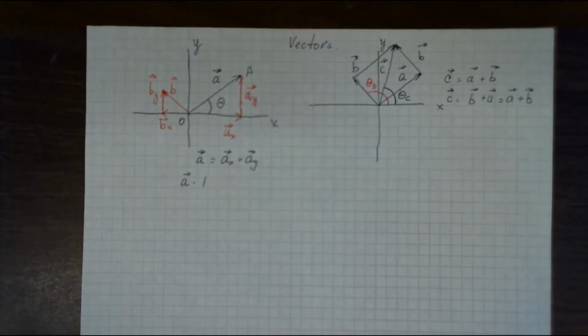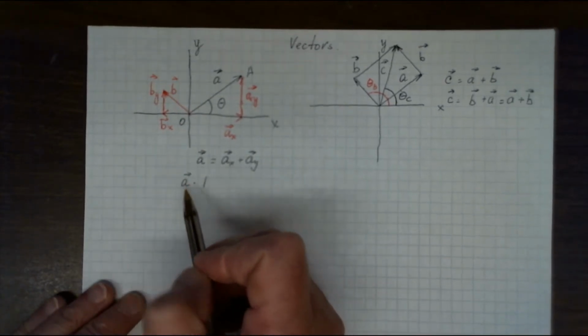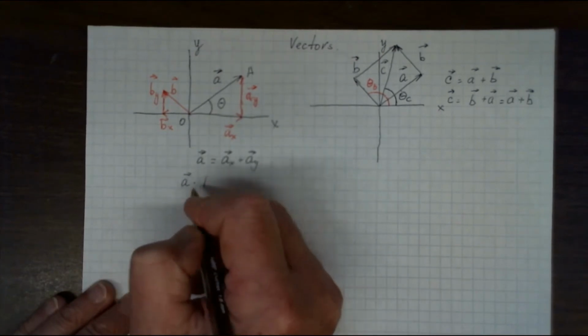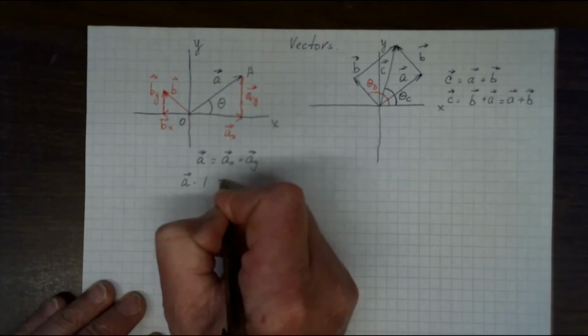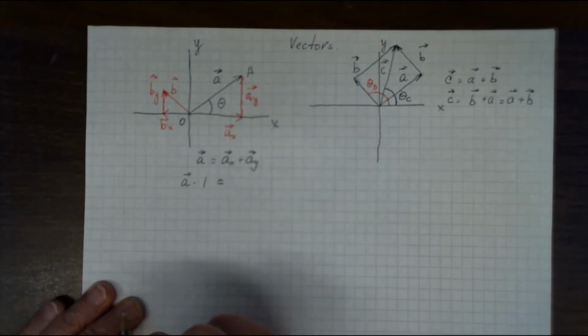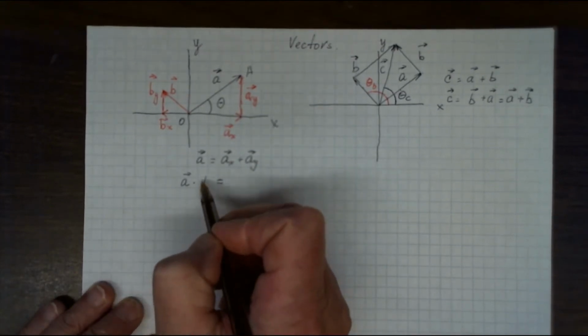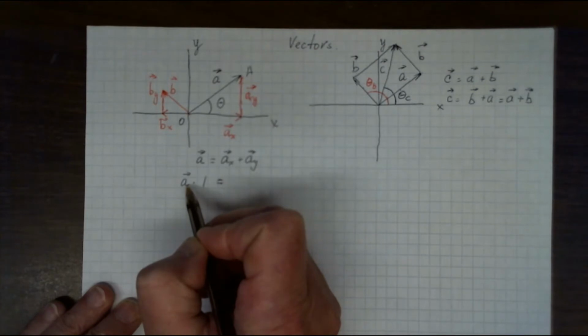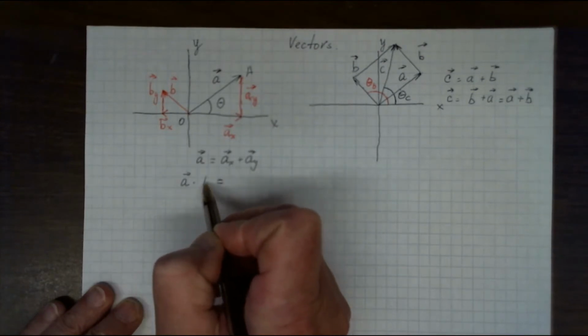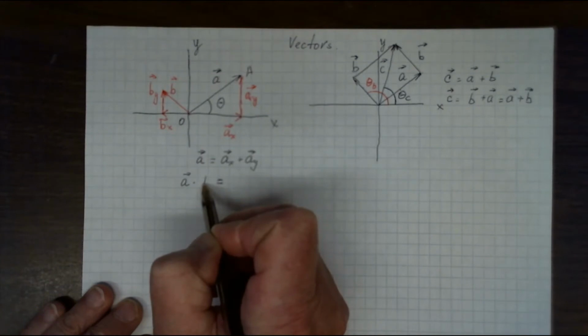To find the resultant vector, and the result of this operation is a vector, we need to multiply the magnitude of vector A by the absolute value of the number.